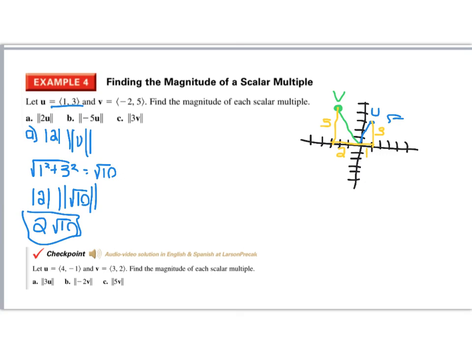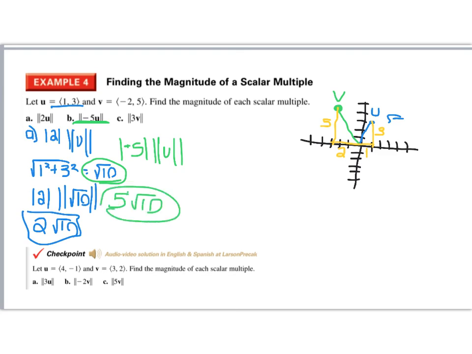Let's do it in green. And the next one is this one. So now we need to find the magnitude again of U, and we know what that is, right? And so remember that we do the absolute value of negative 5 times the magnitude of U, and we already know that the magnitude of U is square root of 10, so this would be 5 square root of 10. All right, let's do this last one here.